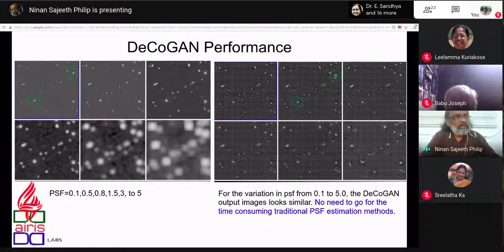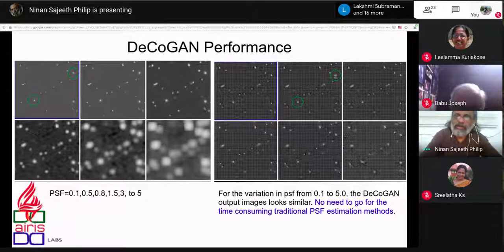In other words, this was a hard job that astronomers have been doing so far. Now there is no need to go and find out the PSF of the standard star as we did in the previous, traditional cases. We have the machine which is able to handle the different PSF and give us reliable output.